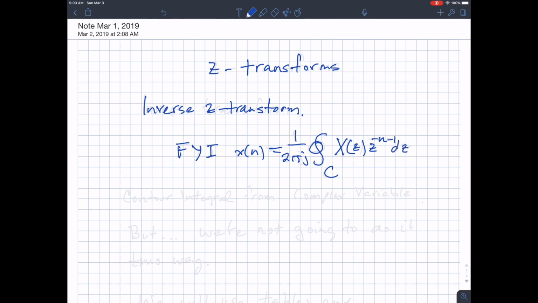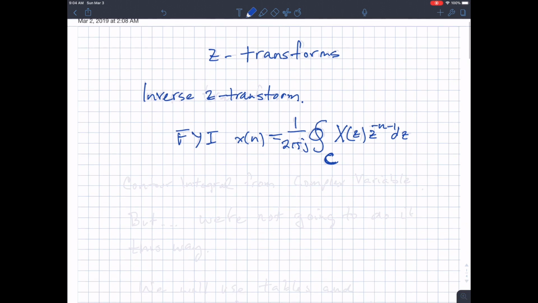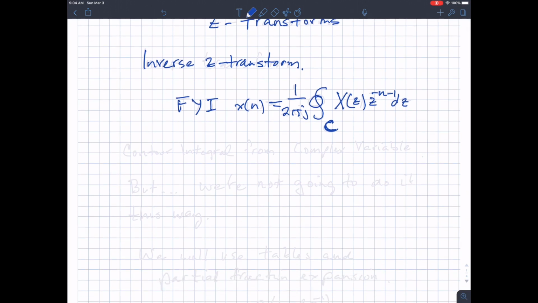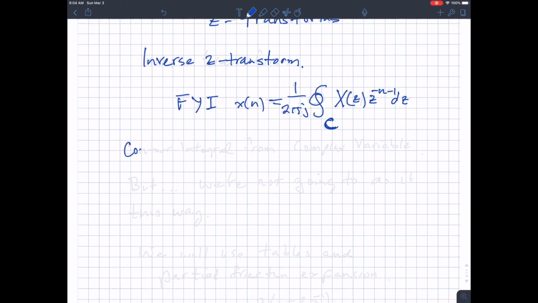If you know the region of convergence, you can use this to actually compute the inverse Z transform. You might remember this as the residue theorem. But it's sort of complicated to do this, and you did this back in complex variables, if you took that class.